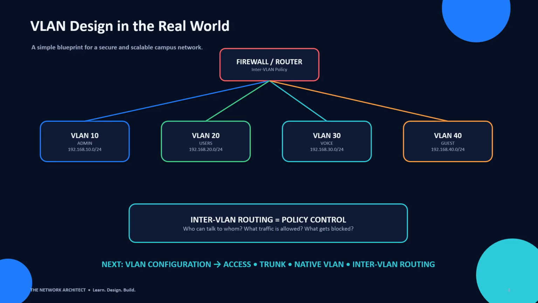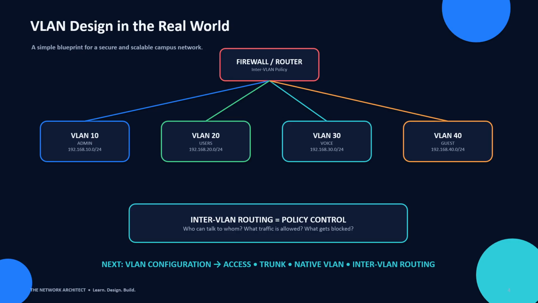This is the real power of VLAN design. VLAN creates logical separation. The layer 3 device or firewall controls the communication between these VLANs. A good enterprise network normally has three important layers: physical infrastructure, logical VLAN segmentation, and routing and security policy.